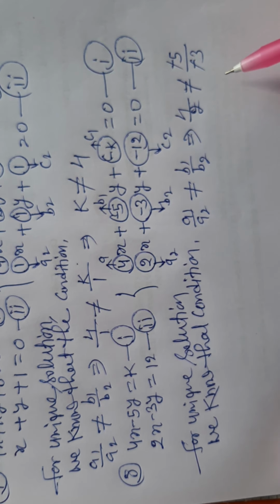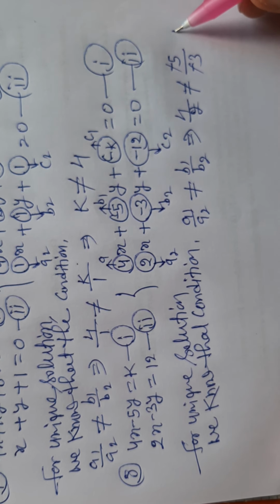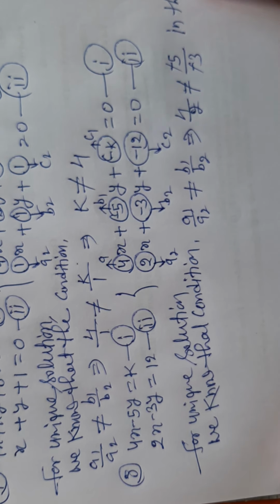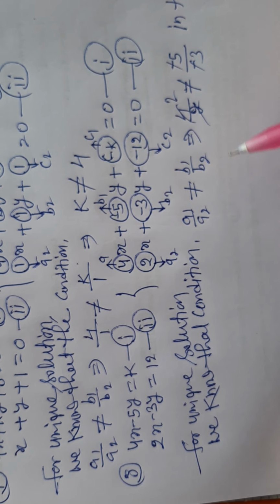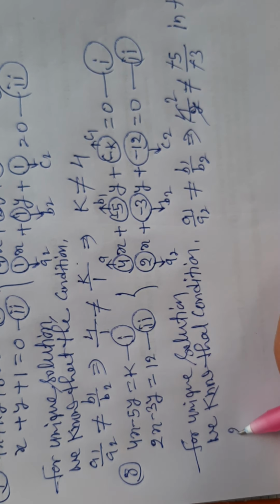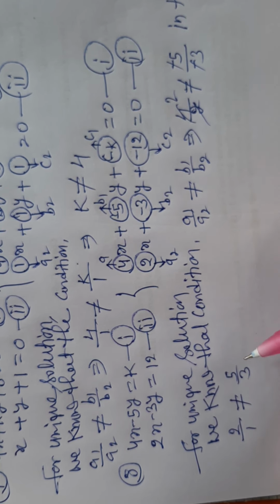In this case, 2 by 1 is not equal to 5 by 3.